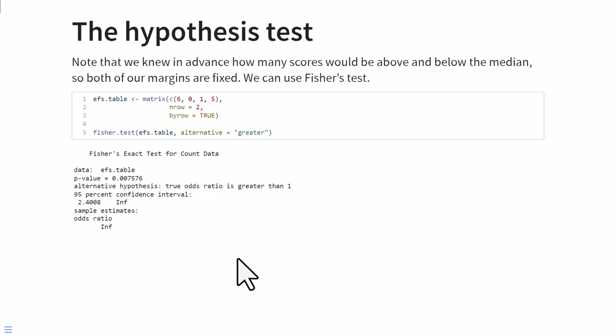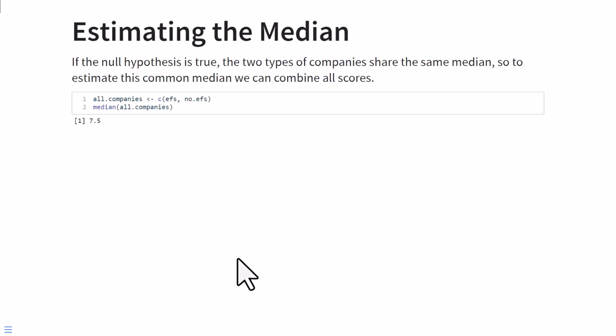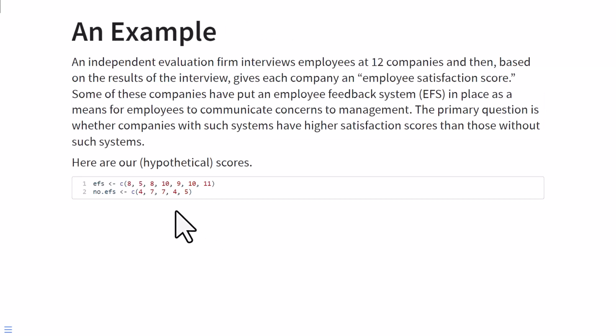So we create a little matrix here. If we go back and look at our data, remember that the median is 7.5. We notice that 1, 2, 3, 4, 5, 6 are above the median for the EFS. And without even counting, I can tell you that none of them are above the median for no EFS. How do I know that?